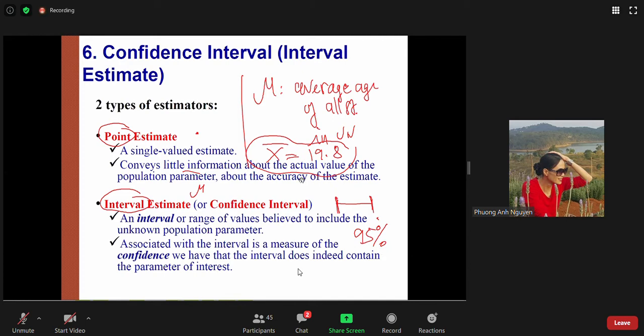Associated with this interval we have the level of confidence: 95%, sometimes 90%, sometimes 99%. So for the confidence interval, you give the interval, and the interval is associated with the level of confidence that it contains the true value of the parameter.